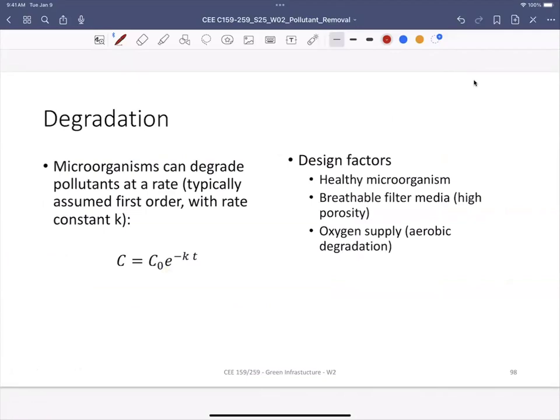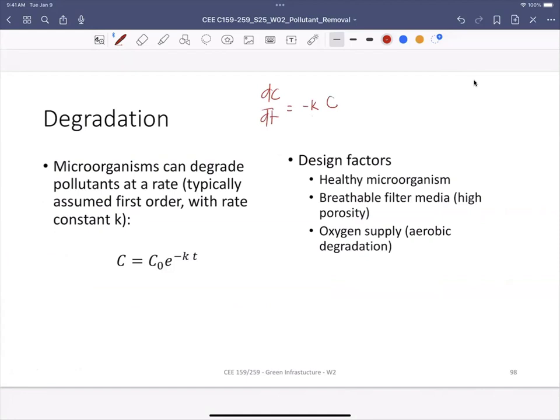So how do you predict degradation? In a very simplistic way, you can assume that degradation is a first order rate. First order rate means dC/dt depends on a rate constant k times the concentration of pollutant in water.